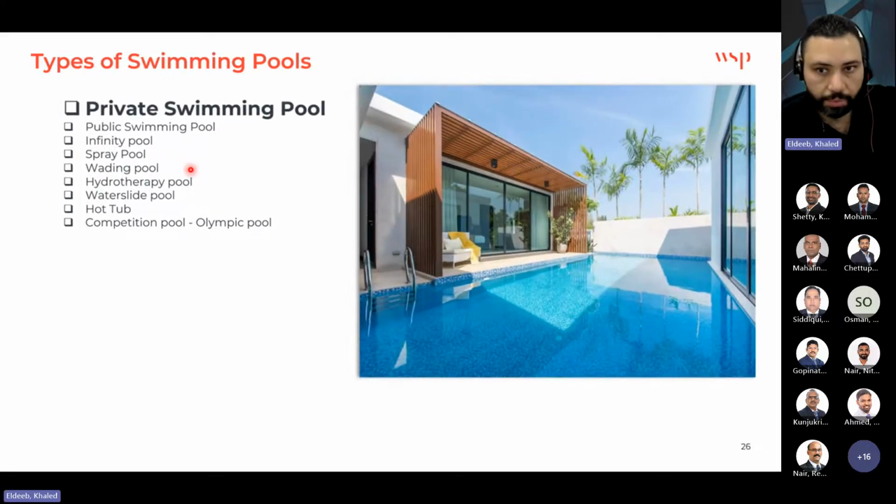The first type that we have is the private swimming pool. Private swimming pool means a swimming pool for homes, or a kids pool or spa pool, maintained by an individual, and the use of which is confined to the family members or the invited guests of the homeowner.